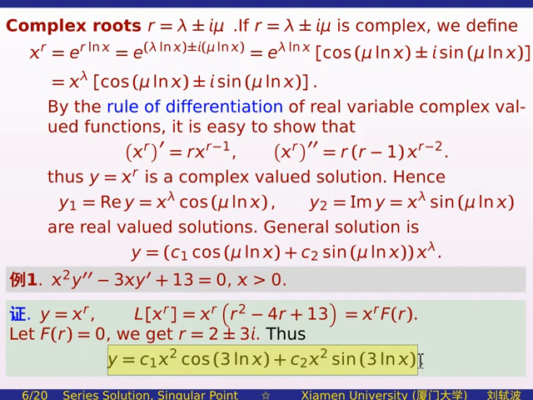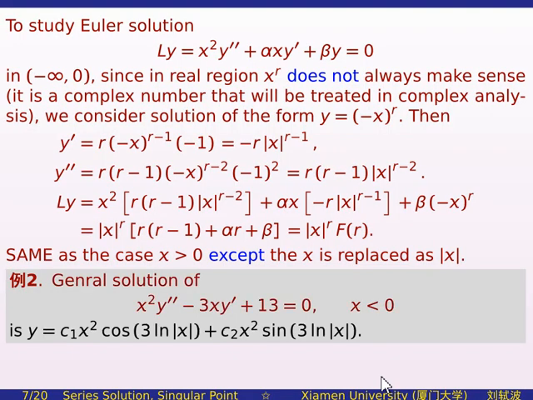As before, it is almost the same as the positive x case, but you only need to replace the x here by the absolute value of x. Therefore, the general solution is c1 x squared cosine(3 log |x|) plus c2 x squared sine(3 log |x|). Okay, this is the general solution. Almost the same as before, but only the x needs to be replaced by the absolute value of x. So we don't need to consider this too much.